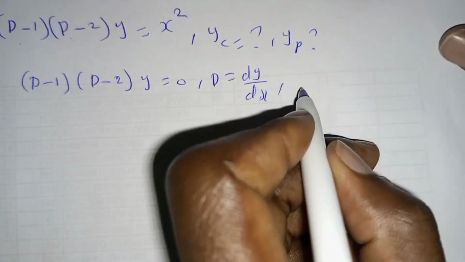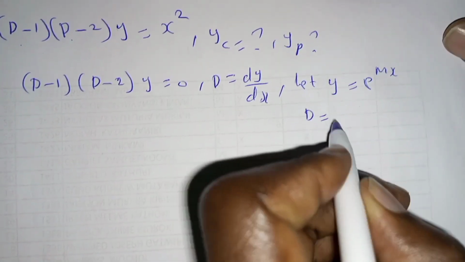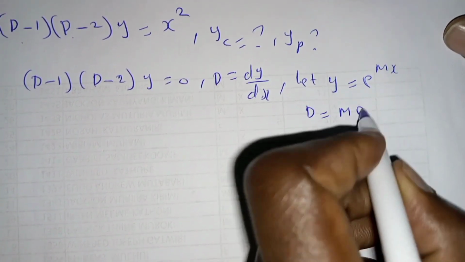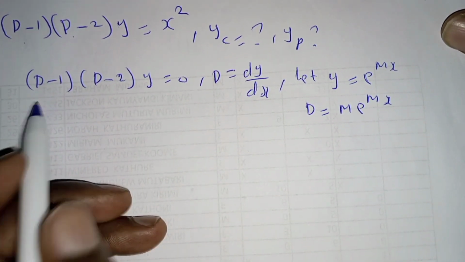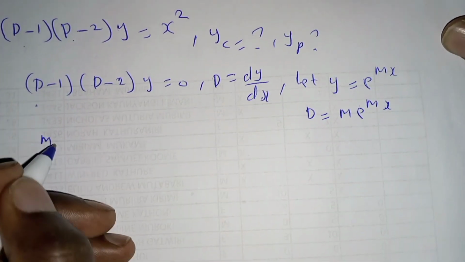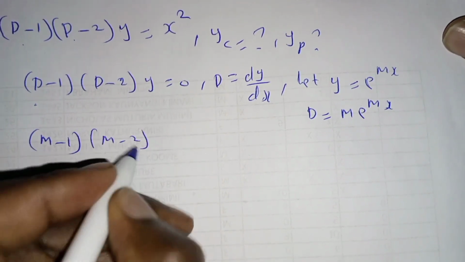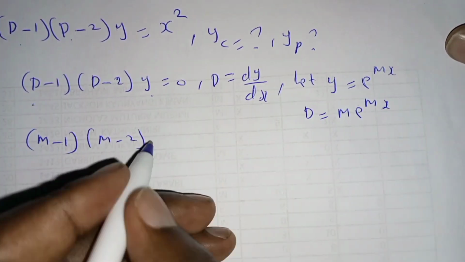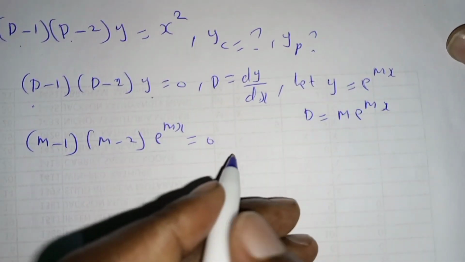So to solve this, we are going to let y be equal to e^(mx), so that now our D will be equal to m e^(mx). So we will have (m - 1)(m - 2), and instead of y, we write e^(mx), which is equal to 0.